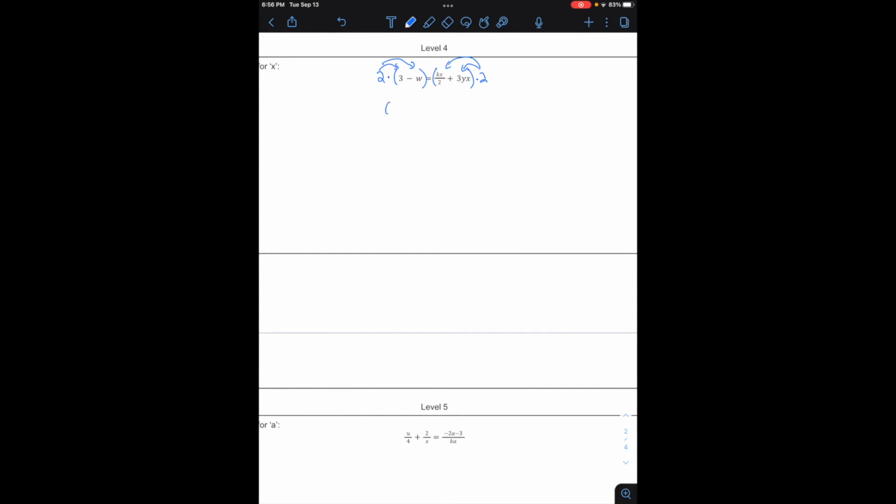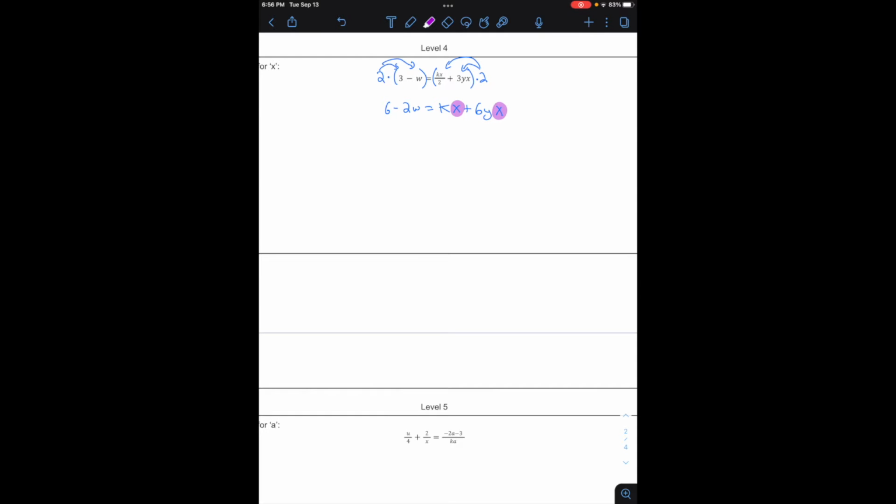So 2 times 3 is 6, minus 2 times w, 2w. 2 times kx over 2, and the 2's cancel, and we're left with kx. And then 3yx times 2 is 6yx. Okay? So that's a very wise first step, because it gets rid of the fractions and allows us to focus on isolating our variable that we're trying to solve for, x.